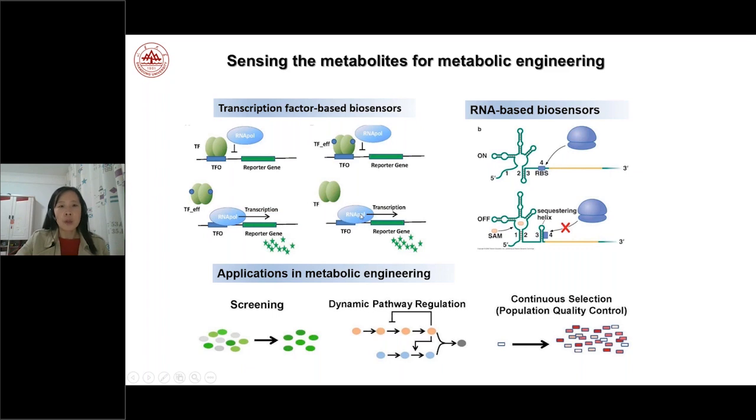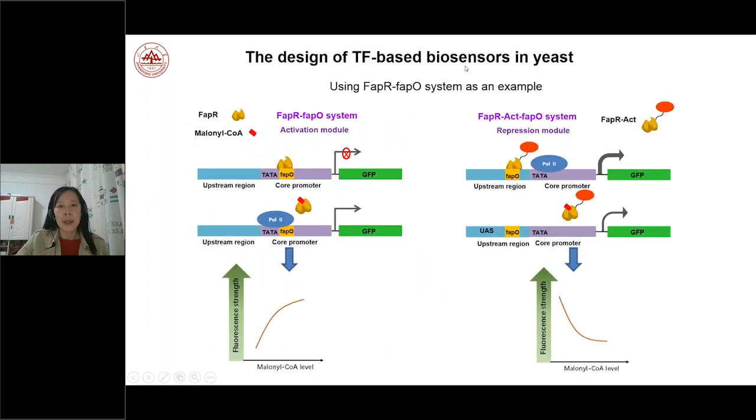Right now, for the transcription factor-based biosensor, most of the sensors are found and built in the bacterial system. So if we want to use it in yeast, we have to transplant this bacterial system into yeast. In order to do that, we are using the FapR-FapO system as an example to develop the design principle.